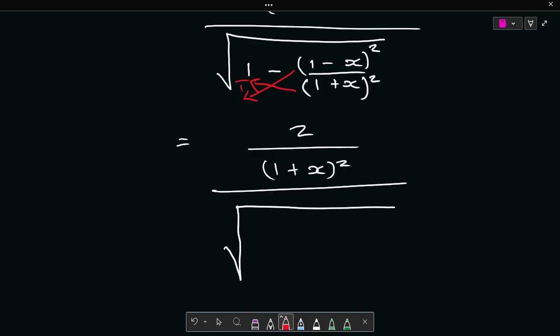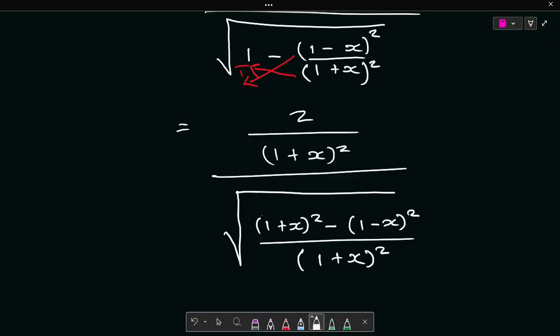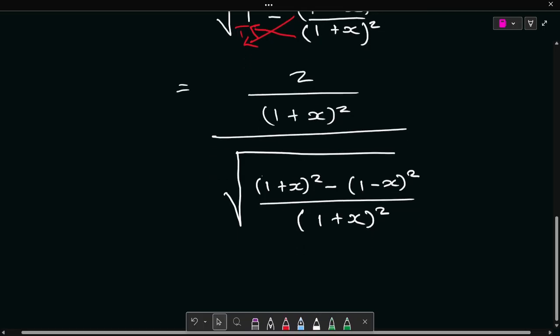Assume that there's a 1 down there. So you're going to have 1 plus x squared minus 1 minus x squared like that, and this is going to be over 1 plus x squared. That's what we're going to have.